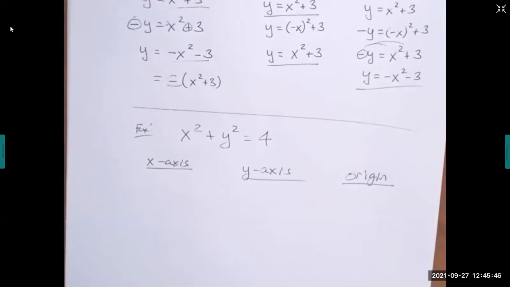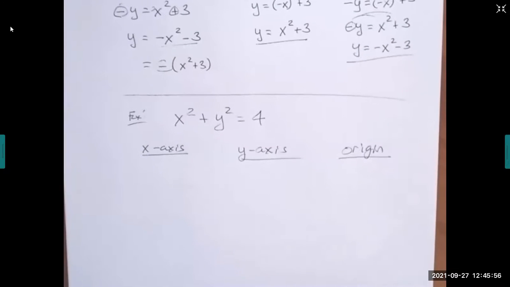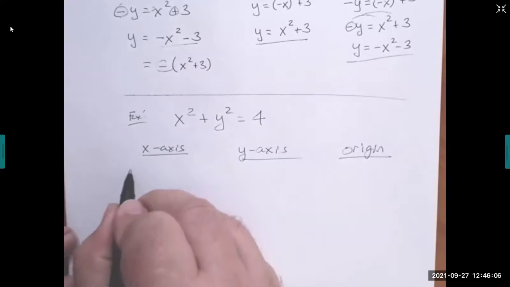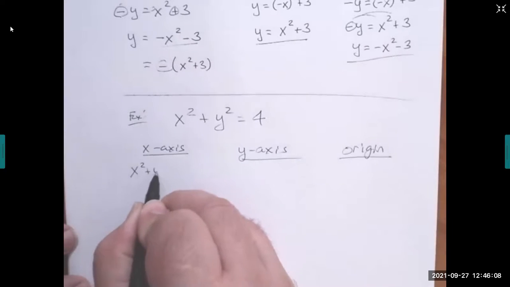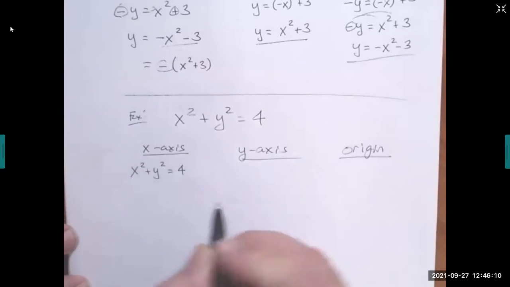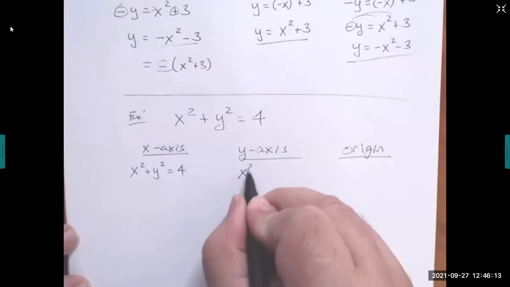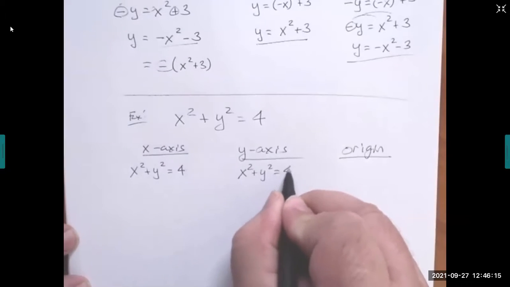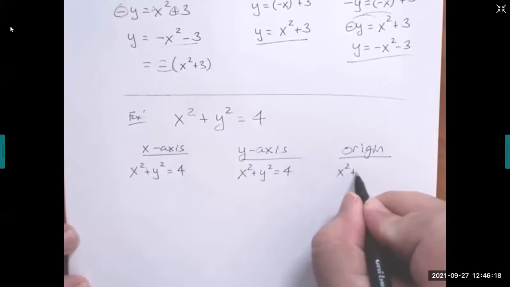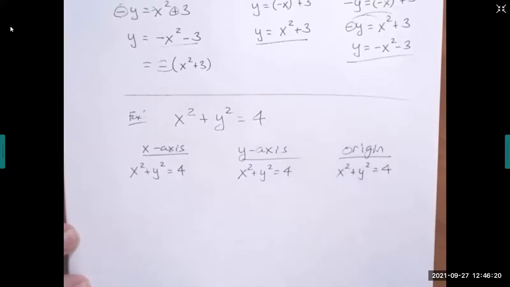See if it's symmetric about any of those. x squared plus y squared equals 4.